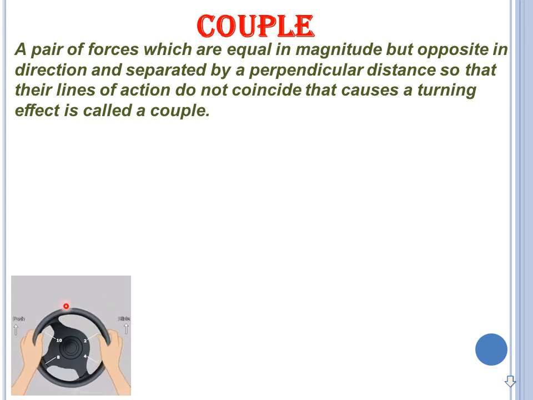They are separated by a perpendicular distance so that their lines of action, these are the lines of action, do not coincide and that causes a turning effect, called a couple. Let's see an example which is given in our textbook.